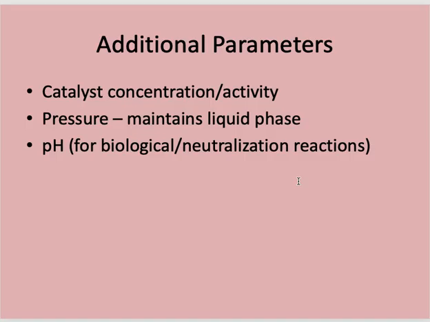Additional parameters can be considered, like the catalyst, because you can add some catalyst to increase the rate of the reaction, or you can add some inhibitor material to decrease the rate of the reaction and slow it down. Here the pressure maintains the liquid phase.